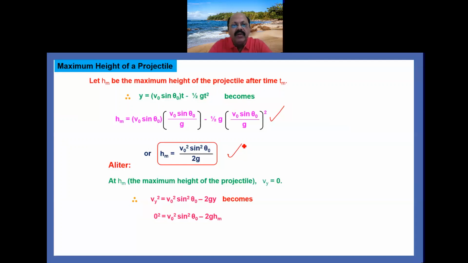But Vy is 0, so 0 equal to V naught square sine square theta naught minus 2g Hm, where y is the maximum height Hm. Simplify it and you will get Hm equal to V naught square sine square theta naught upon 2g. So this is the maximum height of a projectile.